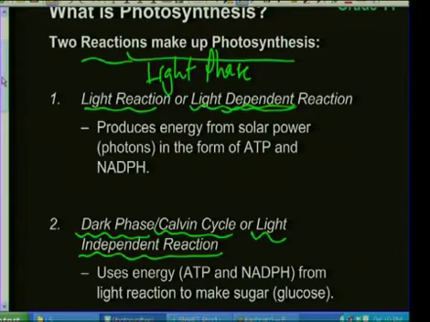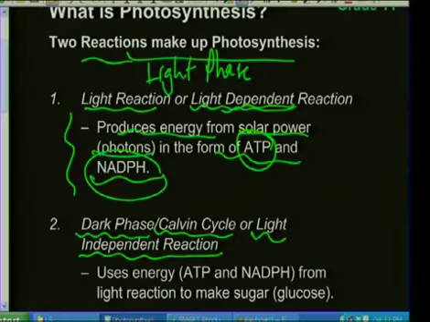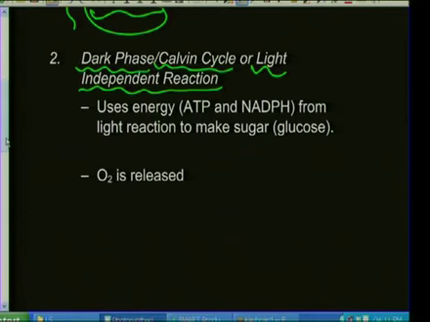So what happens here? In this phase, energy is produced from solar power, photons, or radiant energy of the sun, in the form of ATP and NADPH. So these are the products of the light phase, ATP and NADPH. We're going to look at the light phase in more detail. This is an overview. And the dark phase uses this energy.